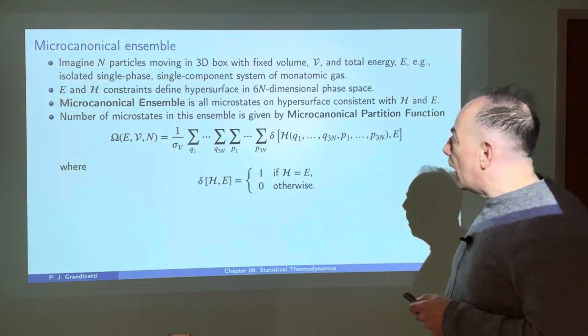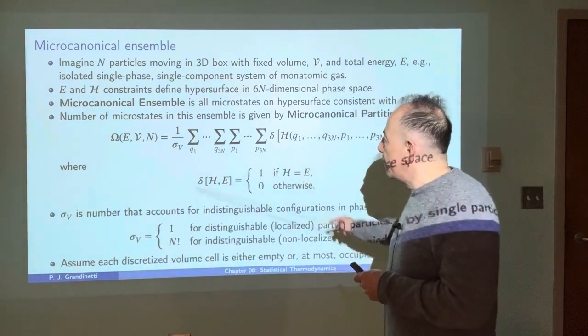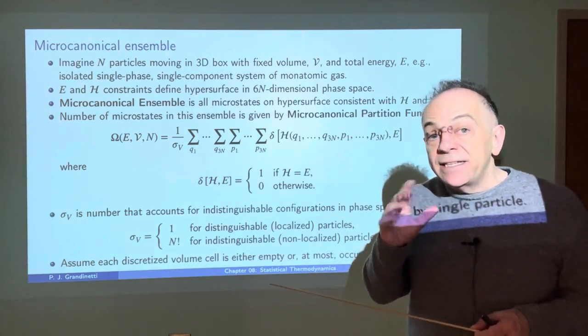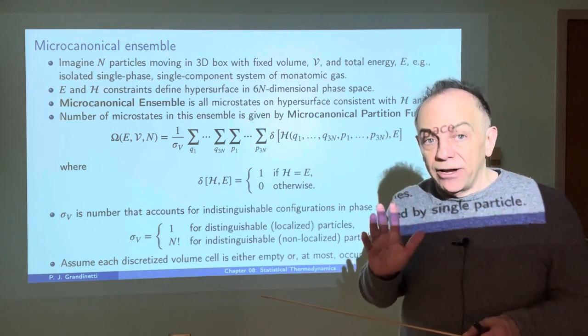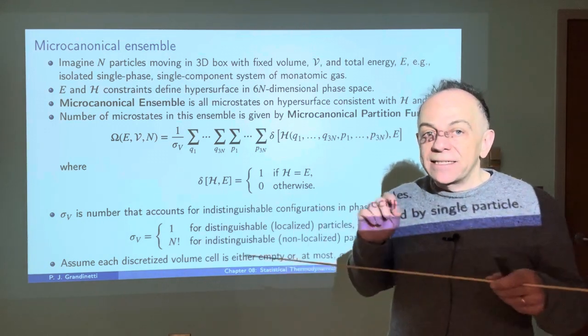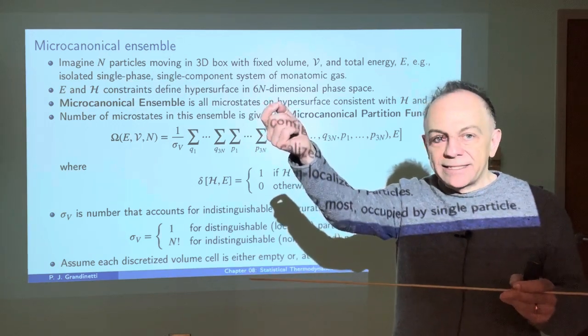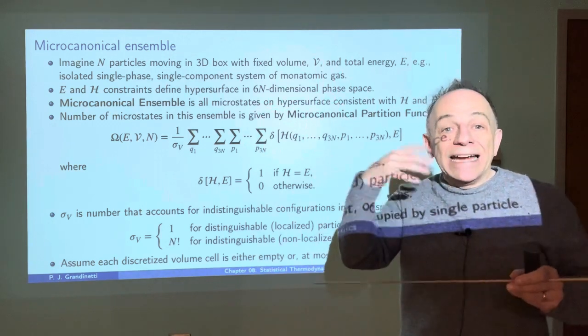All right. Now, in this summation, I also have to divide by this factor here to account for the indistinguishability of particles. Now, if you remember in the previous video, we talked about how we can't distinguish whether particle 1 is in this cell and particle 2 is in this cell, or vice versa, because they're indistinguishable.